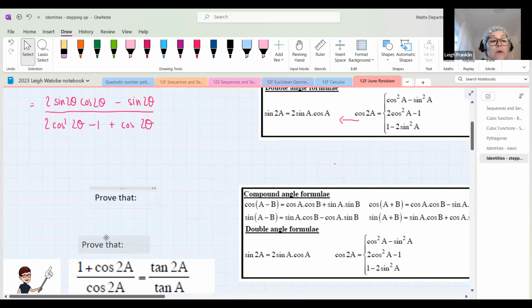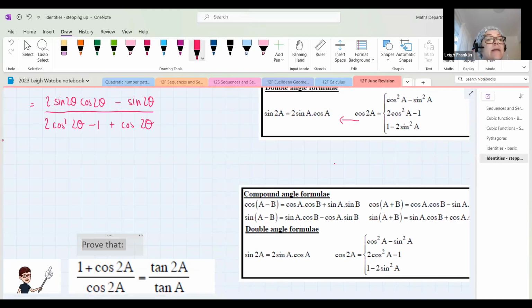So we're just talking about the numerator for now. We can take out sine 2 theta at the top. Before I do that, I'm going to rearrange the denominator, which is a trinomial. So let's write our numerator: sine 2 theta cos 2 theta minus sine 2 theta.